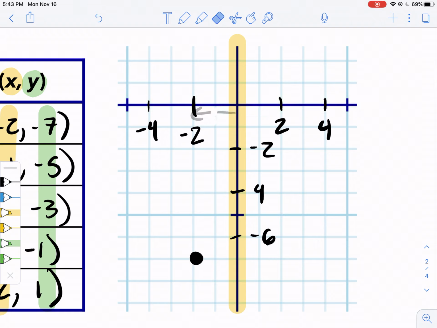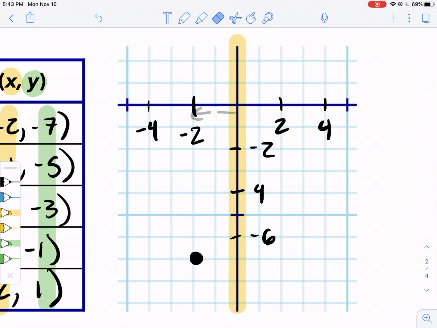So if we have negative 2, 0, 1, and 3: if x is negative 2, y is 2. That's the rule. If x is 0, y is 2. If x is 1, y is 2. It's always 2 because that was the rule.